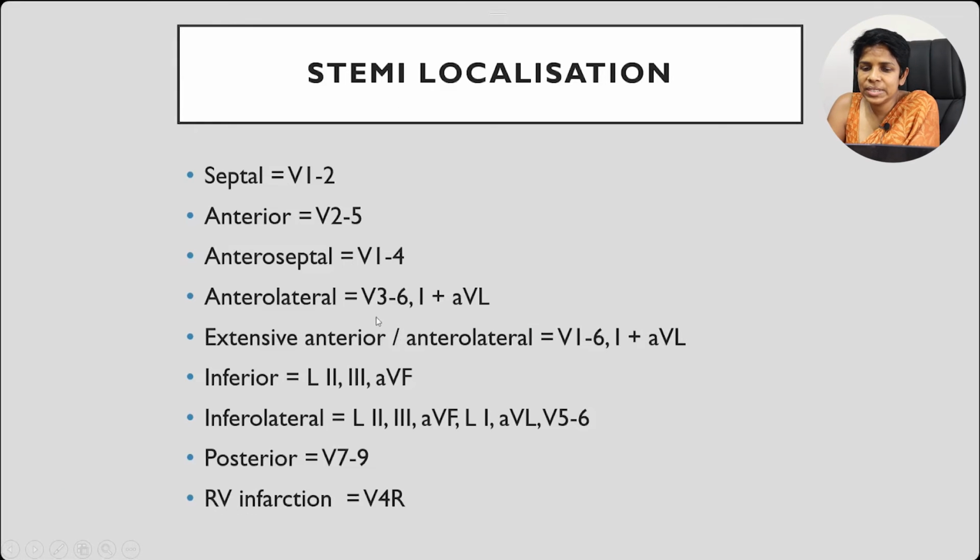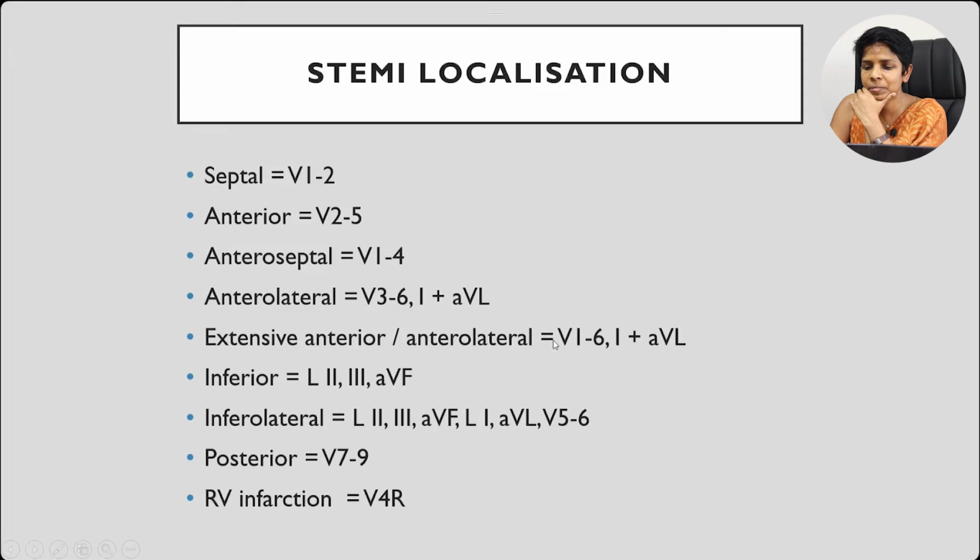According to the ST segment elevation in each lead, we name them differently. If the ST elevation occurs from V1 to V2 to V5, we say it is anterior ST elevation MI. If it only involves V1 and V2, it is septal ST elevation MI. If the ST elevation occurs from V3 to V6 and lateral leads, L1 AVL, it is called anterolateral STEMI.